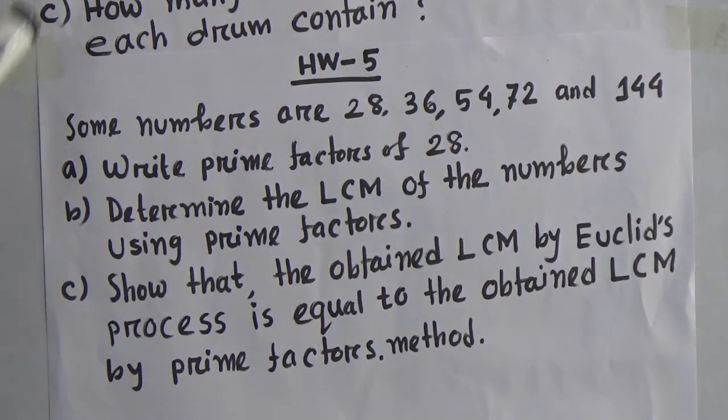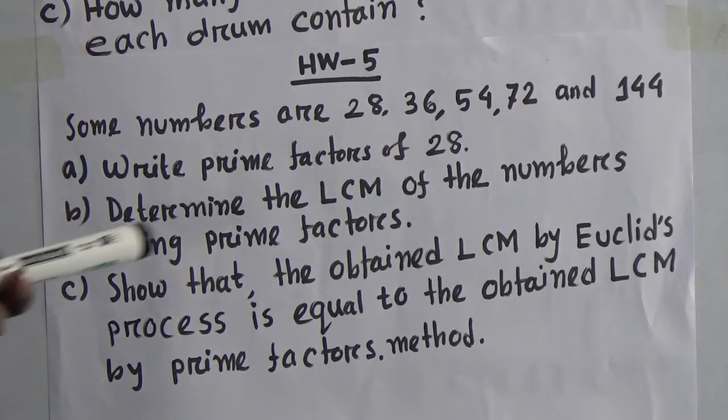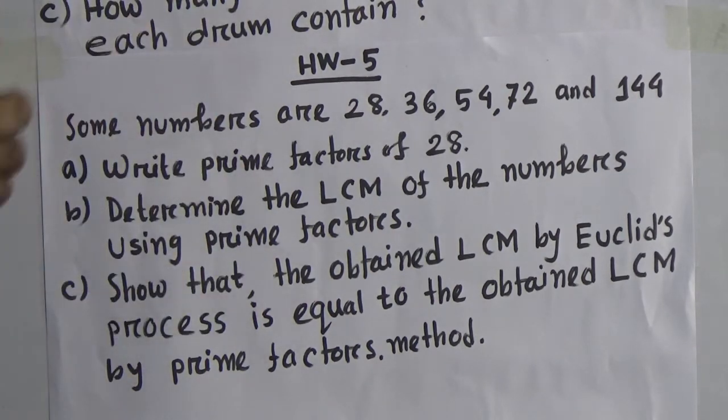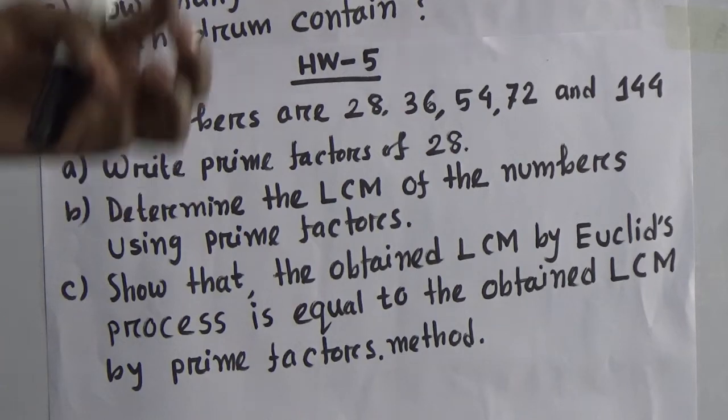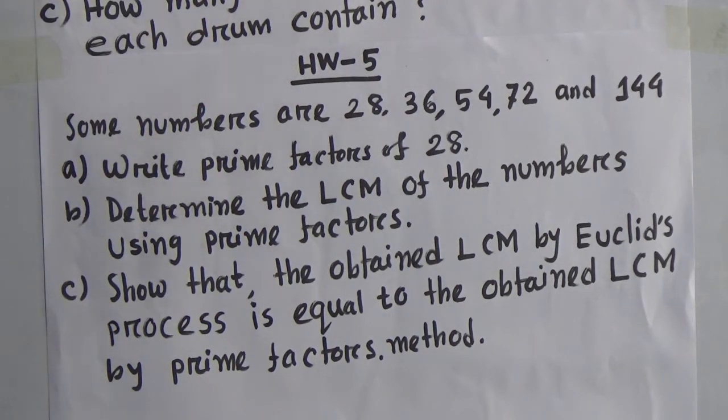Now A number, this is the knowledge based question. Write prime factors of 28. Student, carefully look at the question. Write prime factors of 28. That means you have to write only the prime factors. Suppose 2, 3, 7. These are the prime factors.